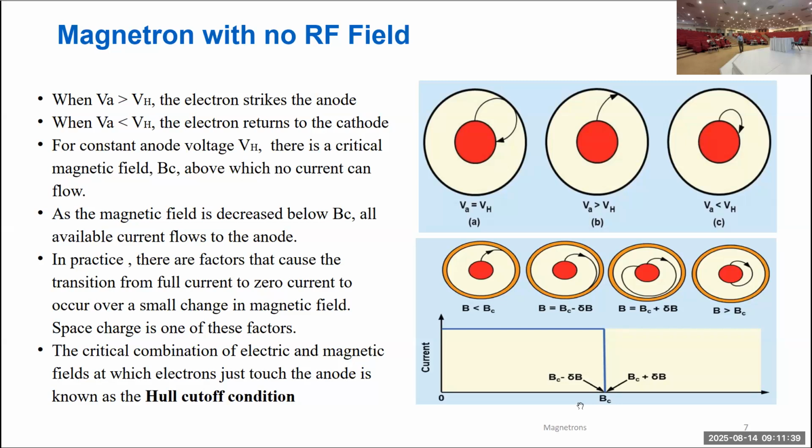All the magnetrons, except a few we will discuss in the next slides, are operated in the condition that the voltage is less than the Cole's cutoff condition.